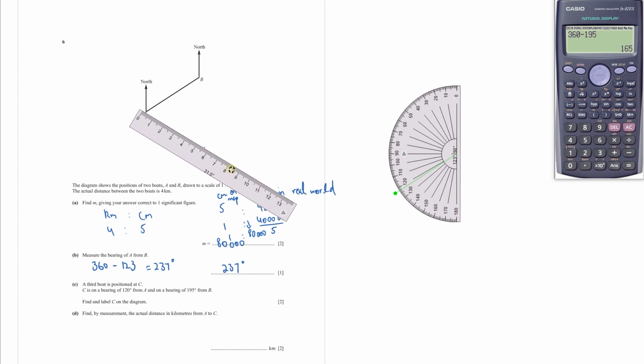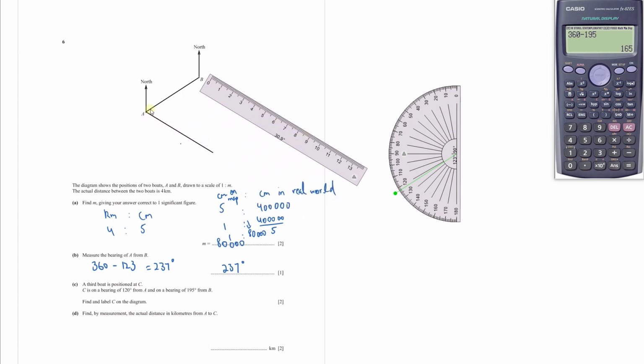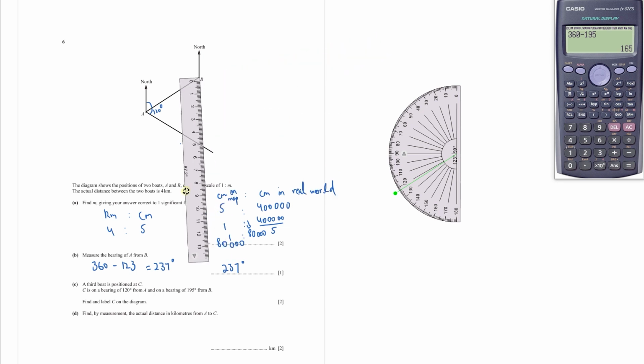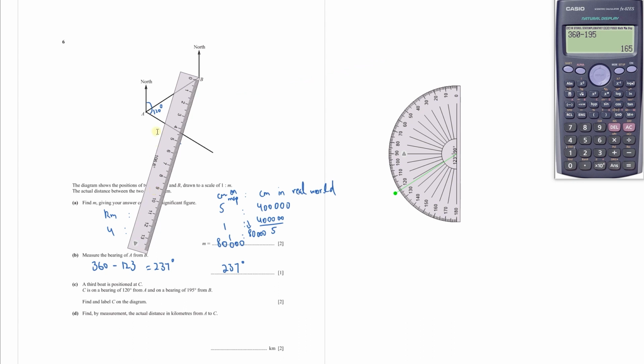So let's first draw this. So this has a bearing like this. So this is 120 degrees. And then let's draw the other line from B. So let me align this again.